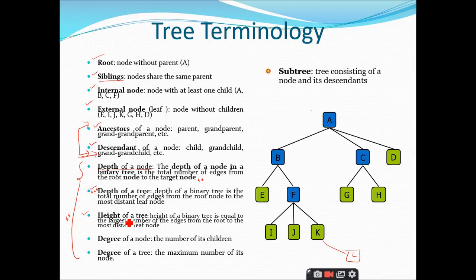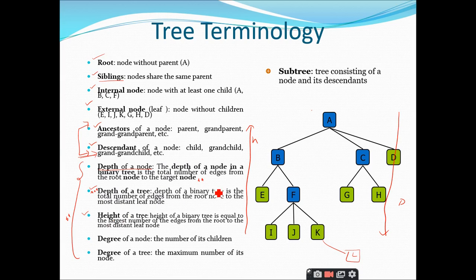Right. So when you express the height, you will be moving in this direction, and when you express it in depth, we will be moving in this direction. Right. Depth means from root, height means from leaf to root. That is the only difference, right? So the height of the tree is equal to the depth of the tree. That is nothing more than that.